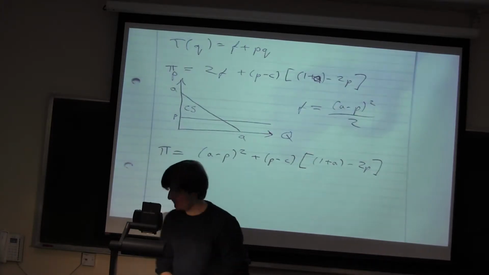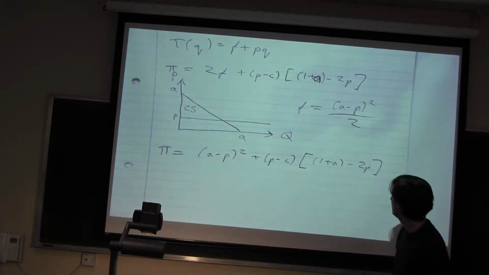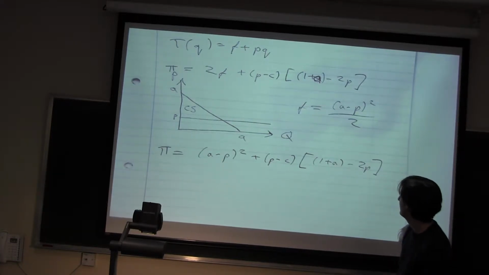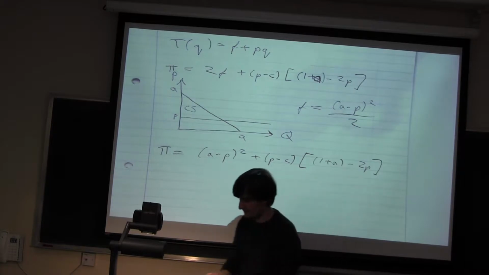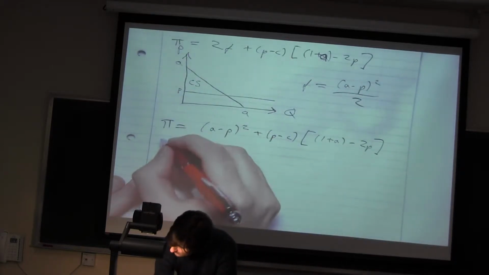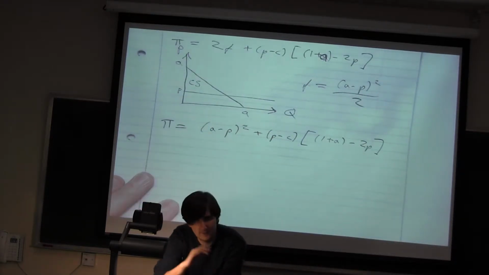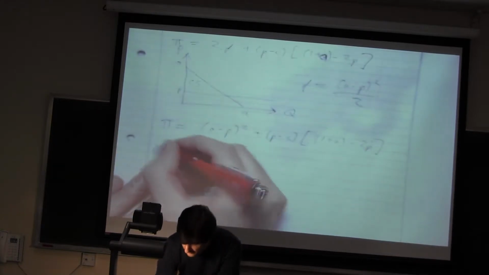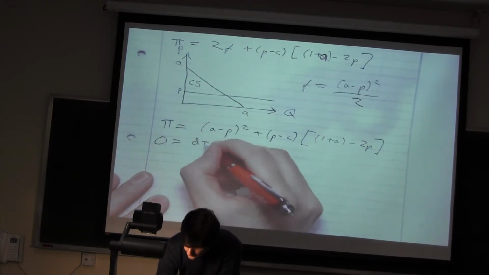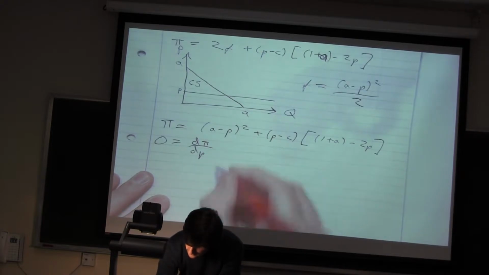Does this simplify? Not really. It's not worth simplifying. So to maximize profits, we're going to find the point at which d pi dp is equal to 0.